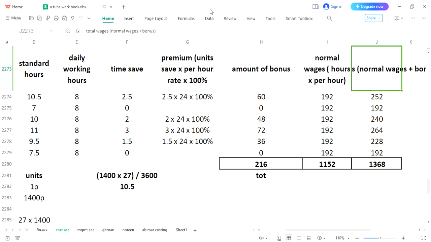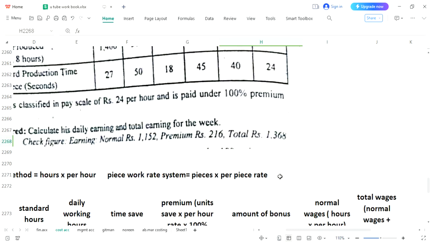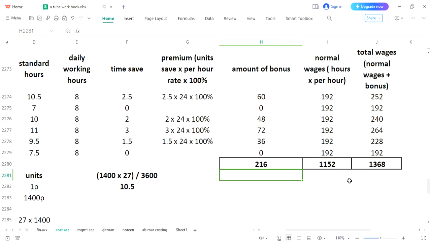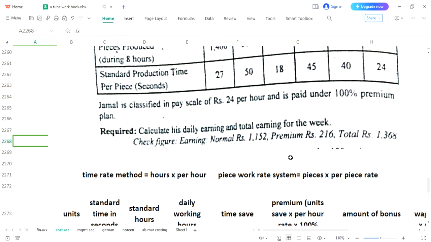So let's tap it as well. In this way our calculations are completed. 216, 1152, 1368. So we have reviewed our question and it has been completed.